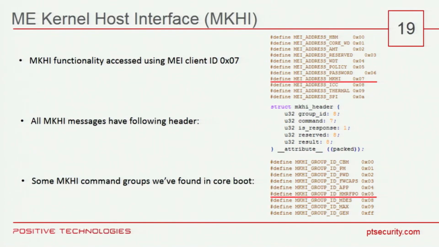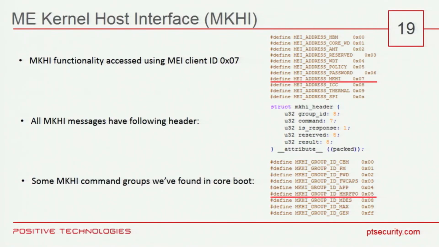All of the identifiers of the clients are shown in the coreboot project, and here's the structure given, which is the header of all of the messages sent. Inside the structure, the first field is the identifier of the group.